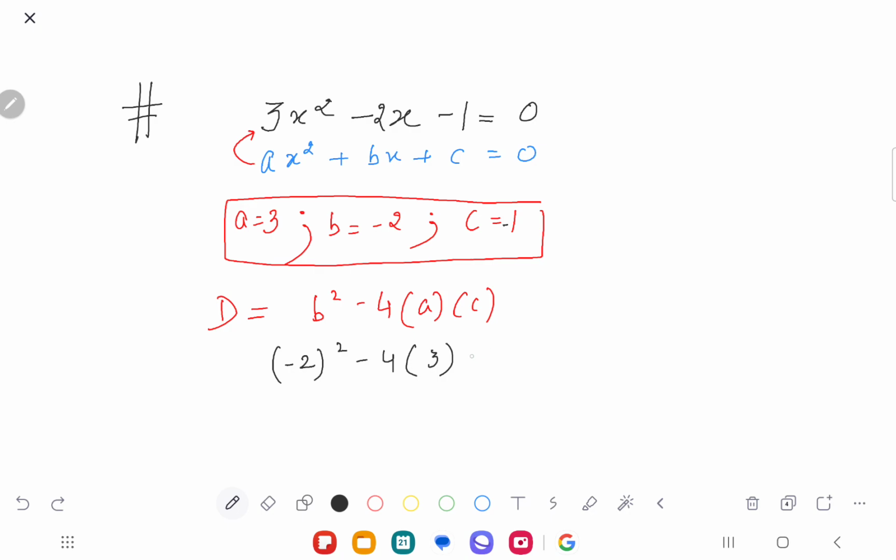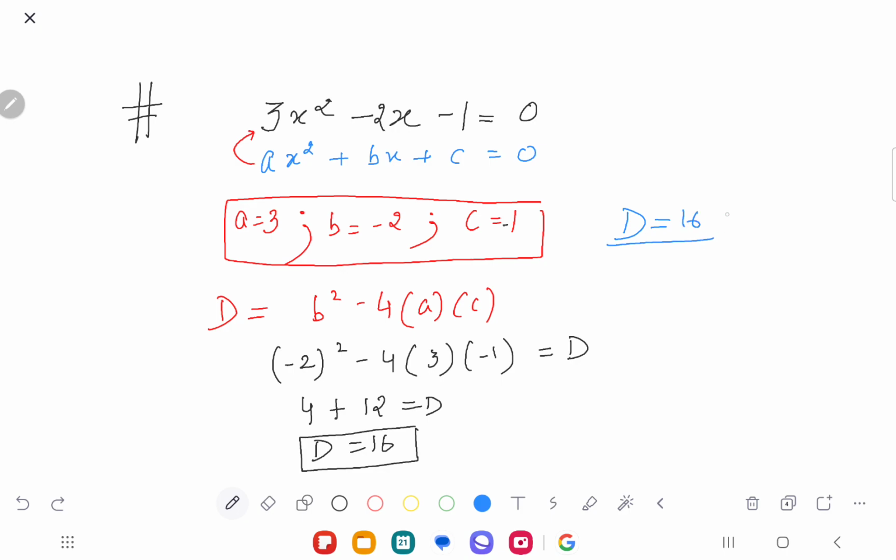Minus 1. So b square minus 4ac is going to be the discriminant. That is going to be 4 minus, and minus times minus becomes plus, 4 times 3 is 12. So the discriminant here is going to be 16. Yes or no? So when the discriminant here is 16, this is positive, greater than 0.